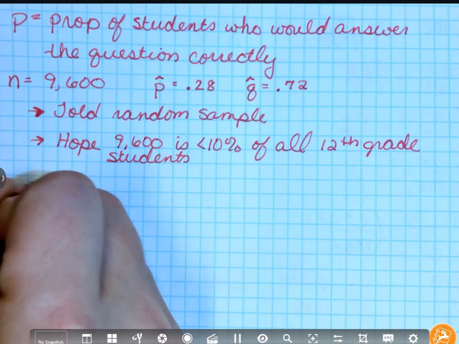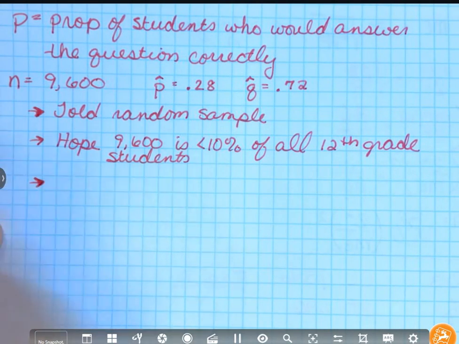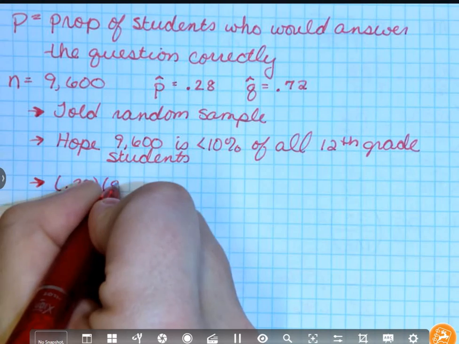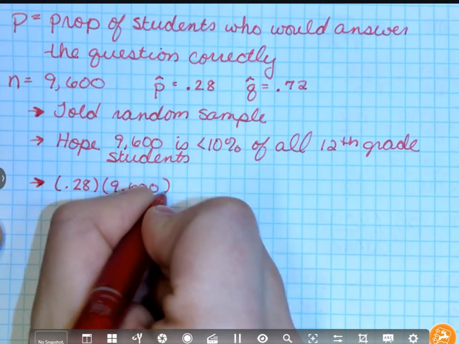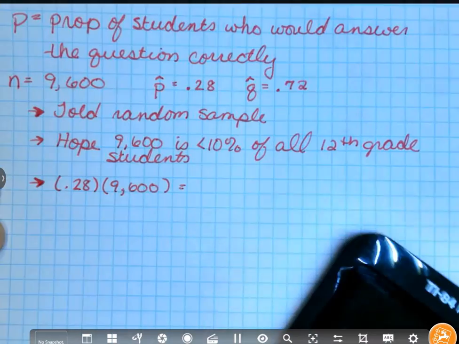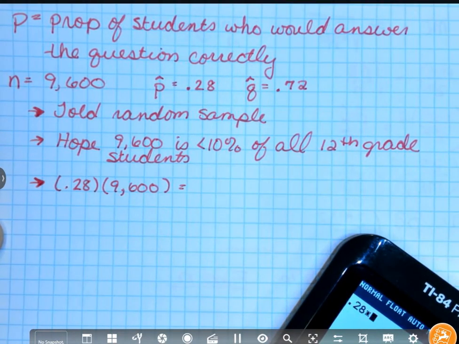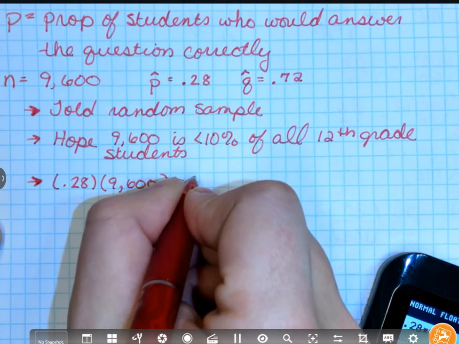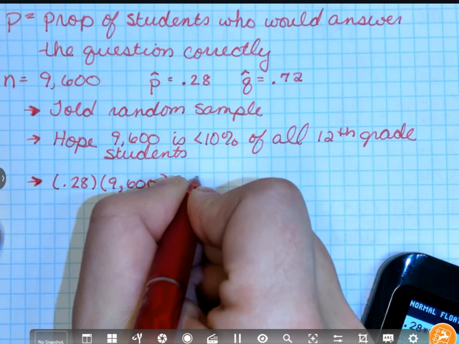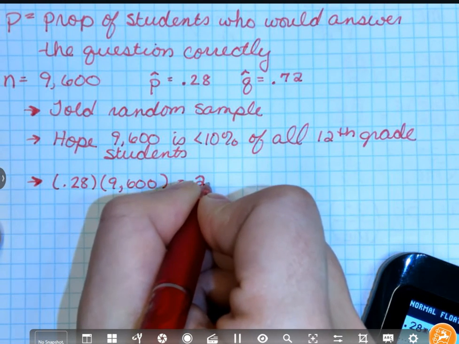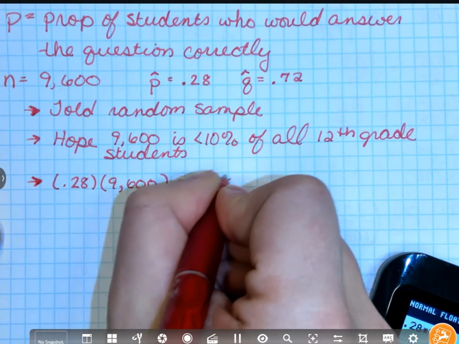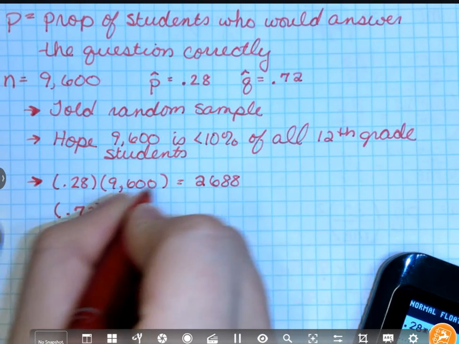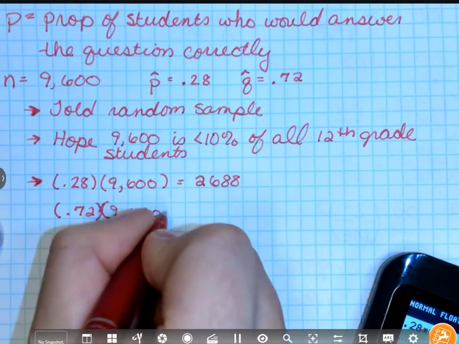Then what do I need? Success, failure. So I need to physically show 0.28 times 9,600 and what that gives me. What do you get? 2,688. And then I will need the flip side of that. So you can either subtract that from 9,600, or you can do the multiplication again.